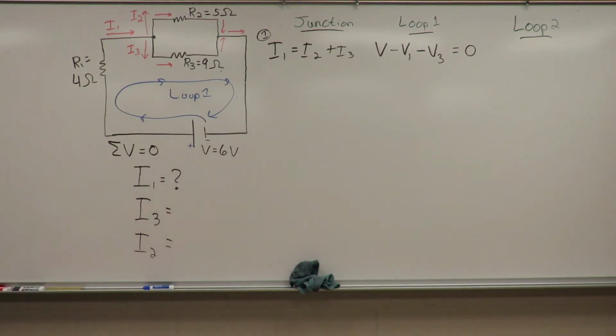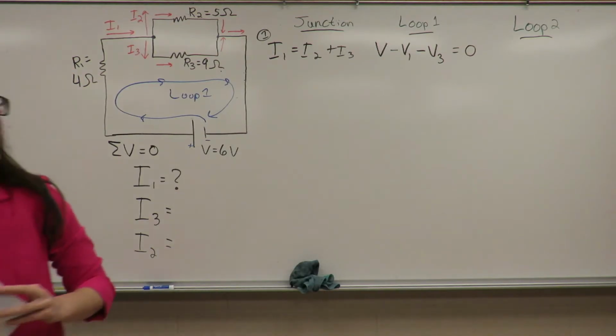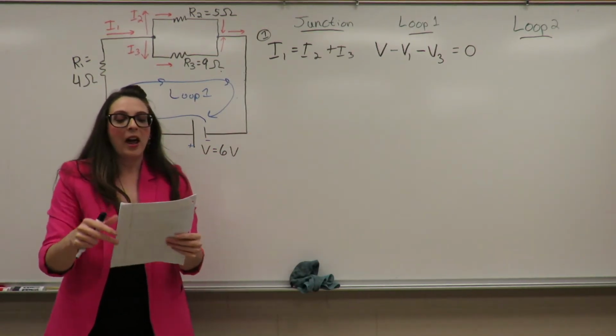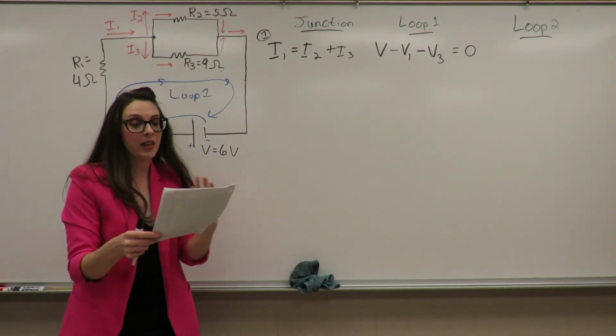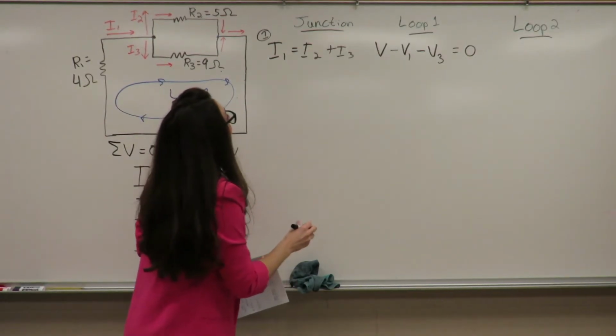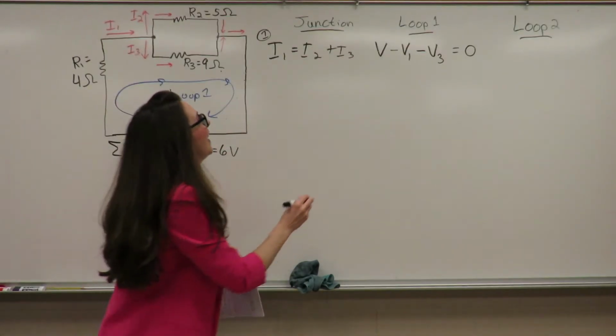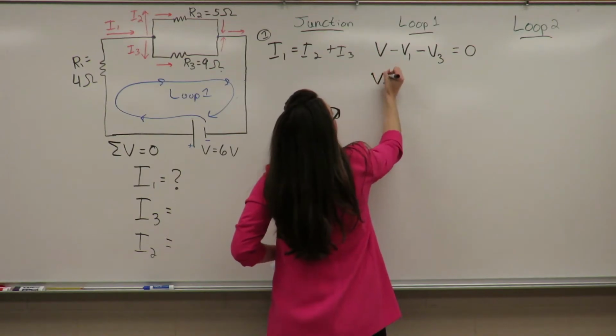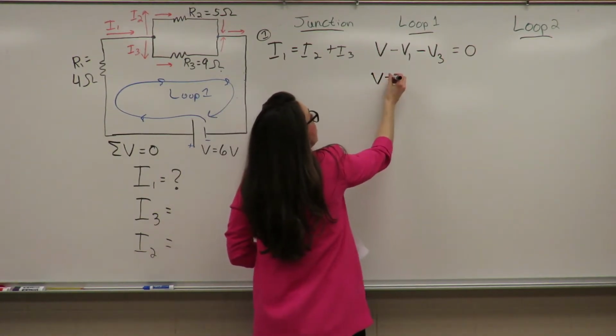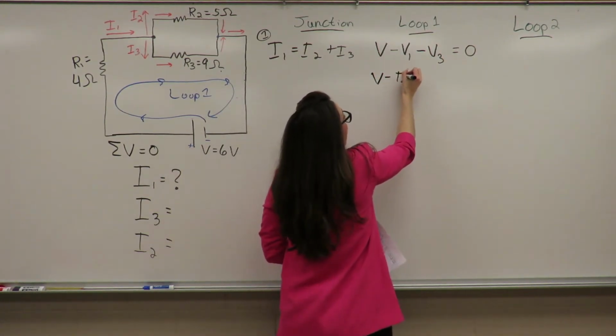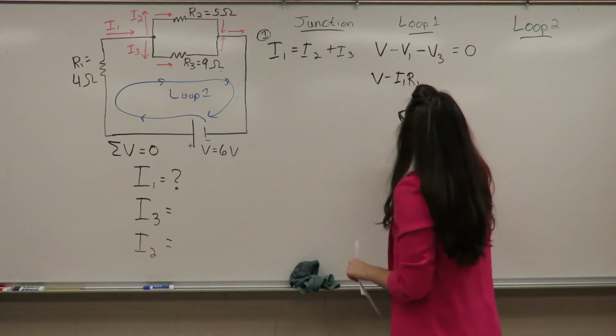And I'm going to call that my second equation here. Well, I'm going to make another step here, because we know that V is equal to IR, I'm going to replace V with I1 R1. Okay?